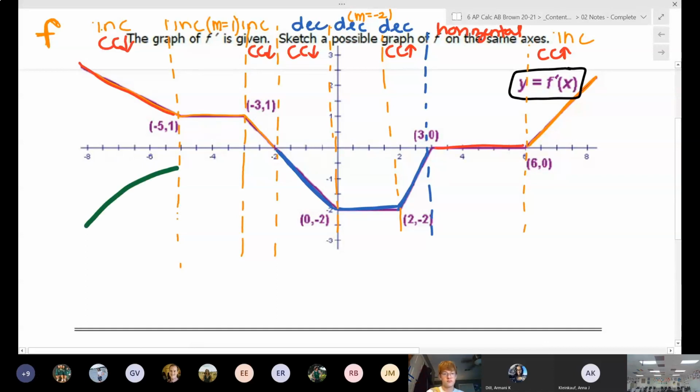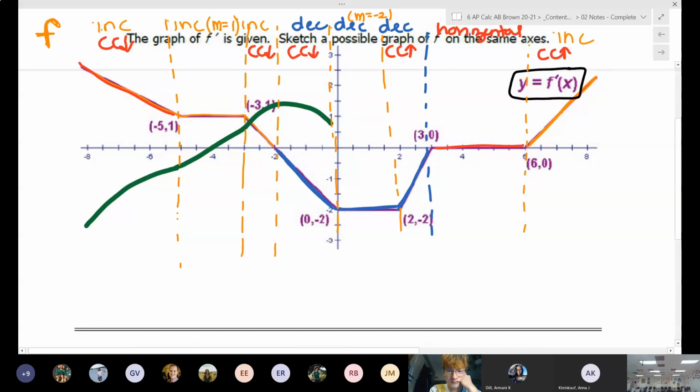This next section is increasing, but it has a constant slope of 1, so I'm going to draw an estimated constant slope of 1. Then I still have a graph that's increasing, but it's still concave down. Then my derivative switches to negative, so my function is going to start decreasing. The derivative is also going down, so my graph is going to be concave down.